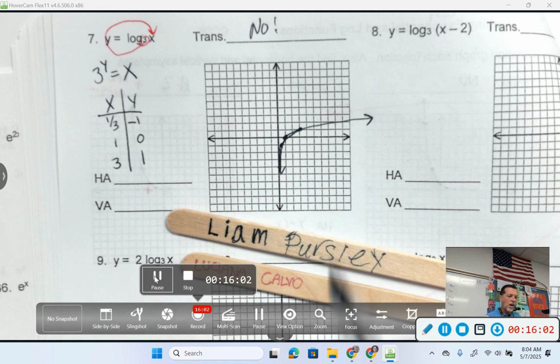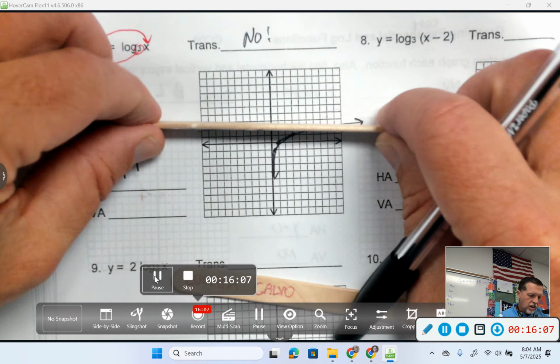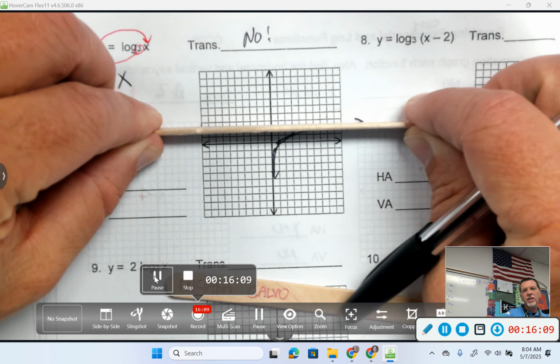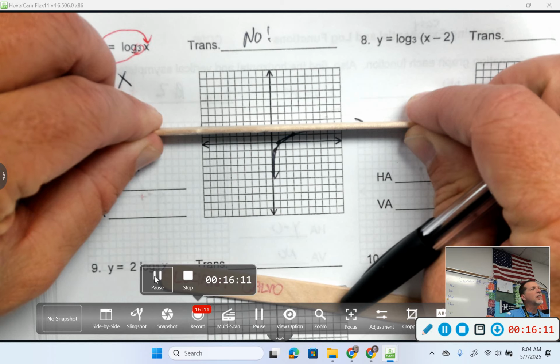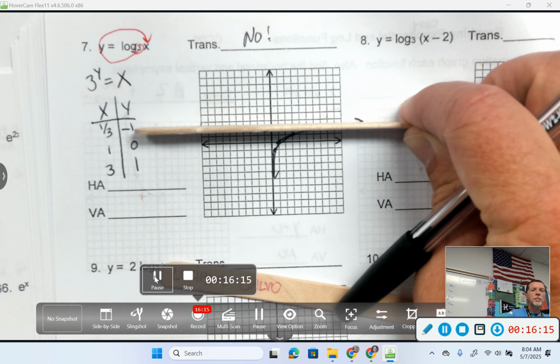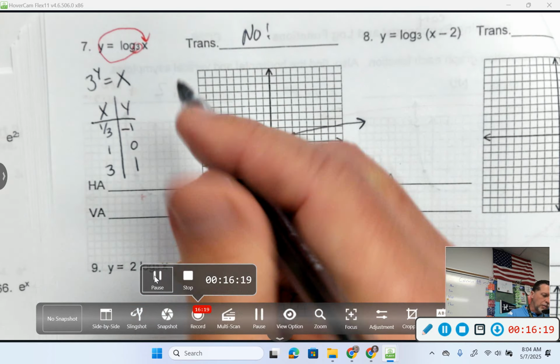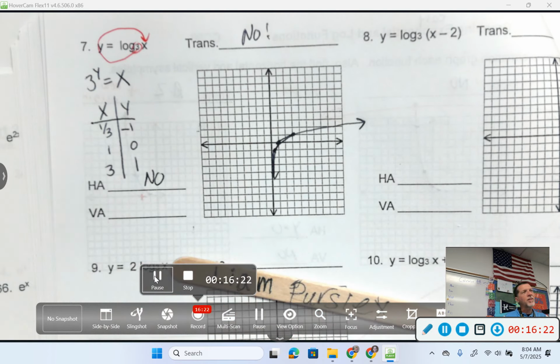I mean, it flattens out, but it's still going up. Y equals 2 would say that there's not an asymptote right there because it's going to go north of 2. It's kind of a trick question I gave you. Like it keeps going up, so there is no horizontal asymptote.